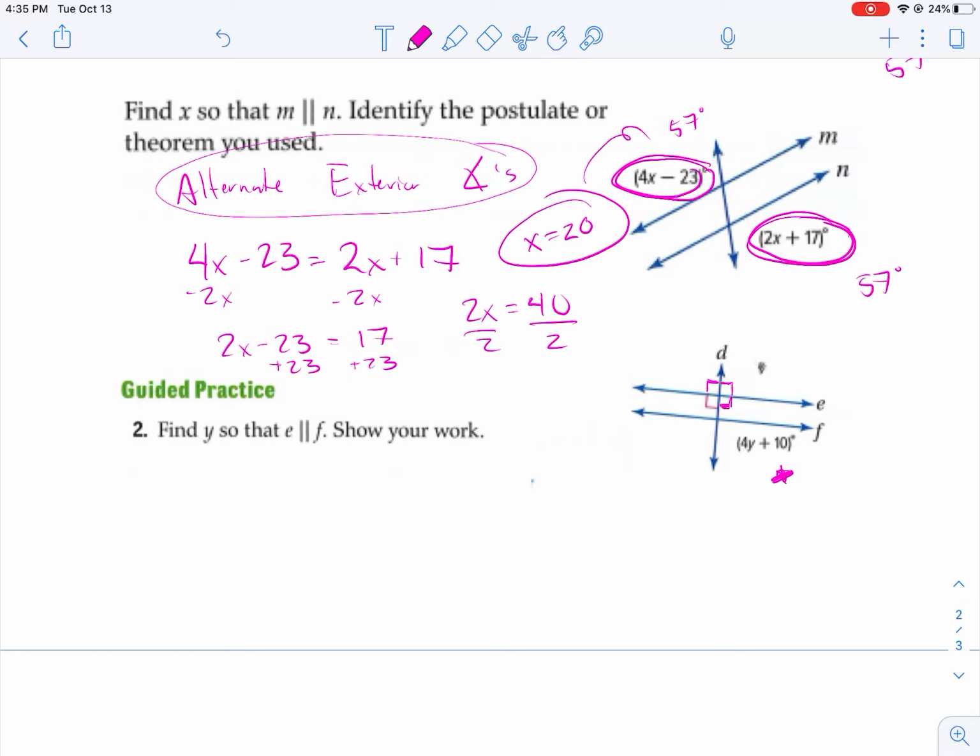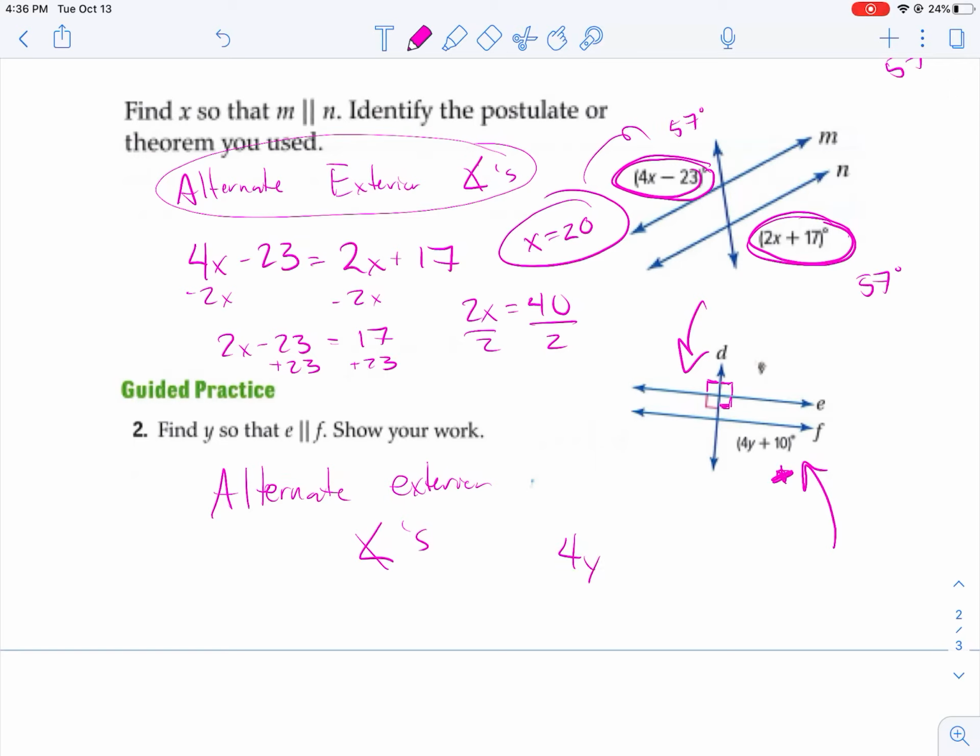So I'm going to take a look at this angle here and this angle here. In this case, these are alternate exterior angles, which means in order for these two lines to be parallel, these two angle measures have to be the same.